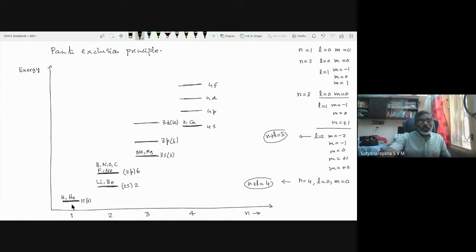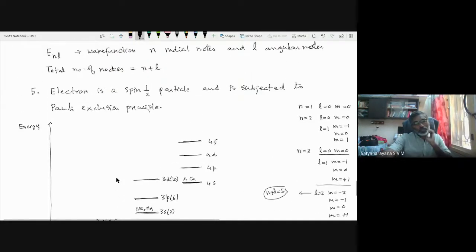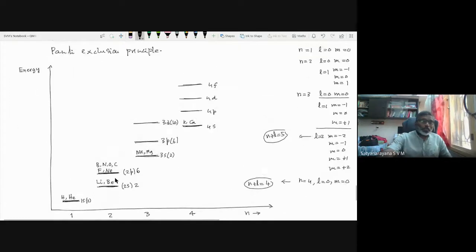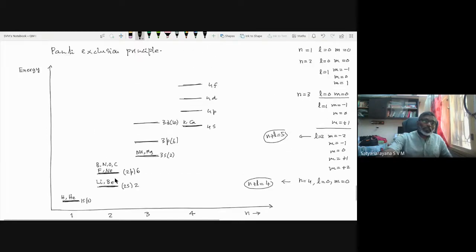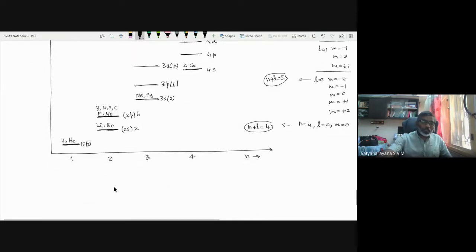So I have not used anything specific of the form of this potential. Sorry, the form of the central potential. But now there are certain issues with respect to this periodic table.